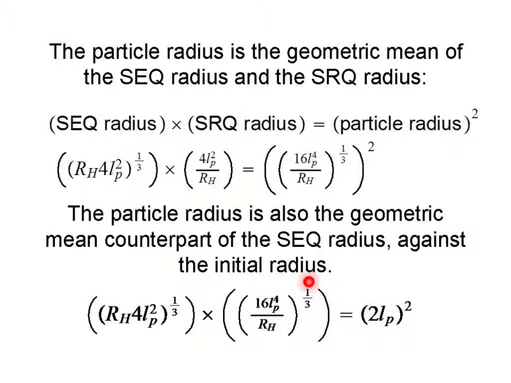That is, if we take the initial radius squared and divide it by the small energy quantum radius, we get the particle radius. So we have an example here of the particle radius being the counterpart for the small energy quantum radius against the initial radius, but it also happens to be the geometric mean of both the small energy quantum radius and the small radius quantum radius.